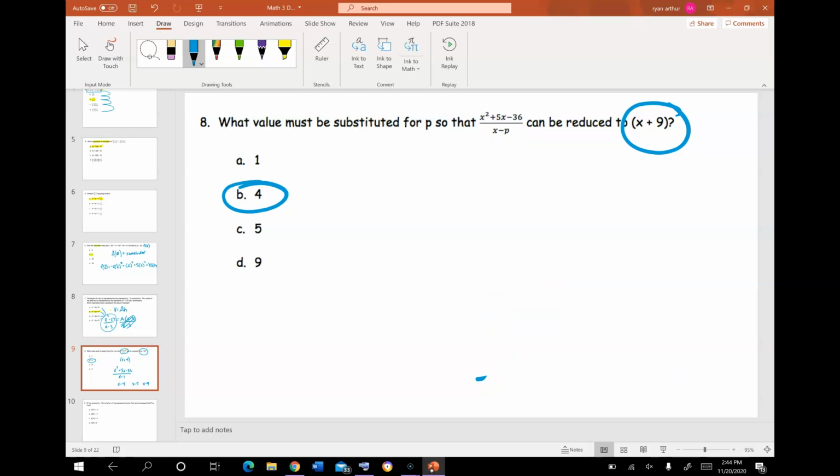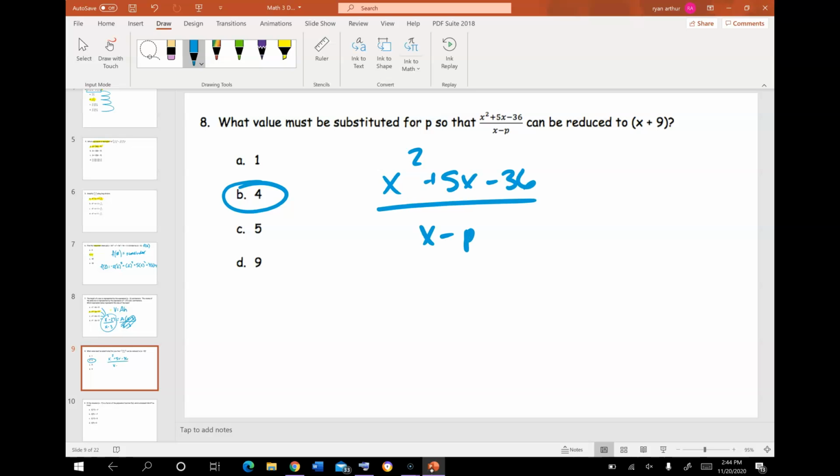Now, the way you could have done it by hand, okay, let's do this one by hand just in case it's not multiple choice. So, remember when you simplify, you have to factor, right? So, I want it to reduce down to x plus 9. So, that means I need to cancel some stuff out, okay? So, I first have to factor this numerator. Remember I taught you how to factor in Desmos? You see where it crosses the x-axis?